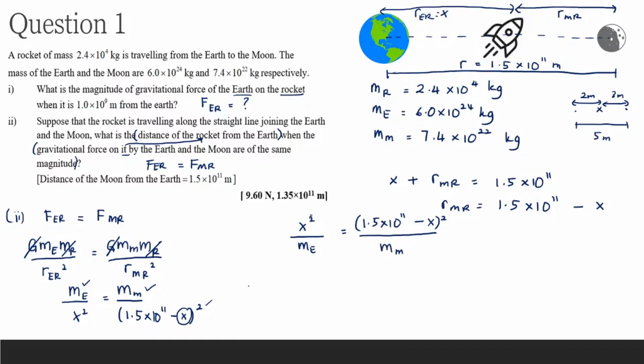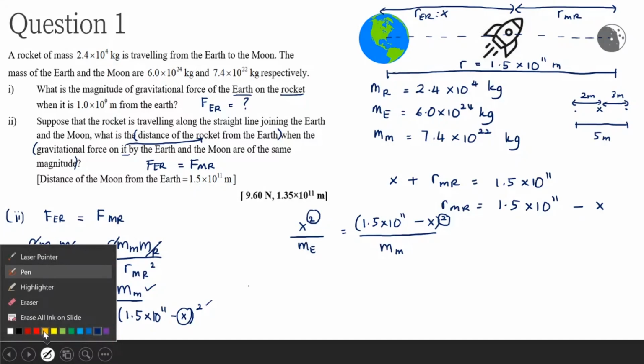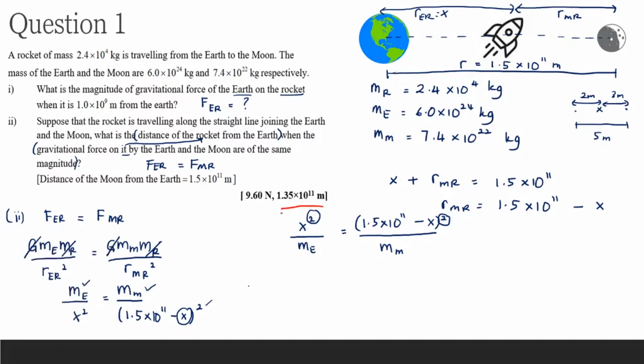So to get rid of this square, kita tak nak square ni ya. Macam mana nak hilangkan dia? Sebab kalau kamu square nanti it becomes a quadratic equation and we don't want that. Kita akan square root semua on both sides. Right hand side pun kita square root, left hand side pun kita square root. So apa yang tinggal kamu akan dapat X divided by square root of ME.